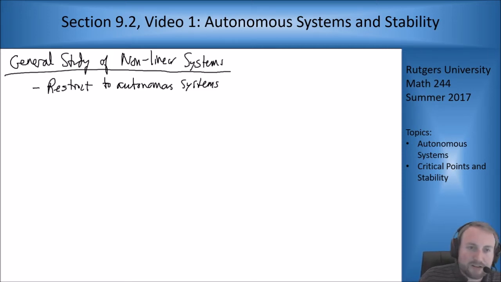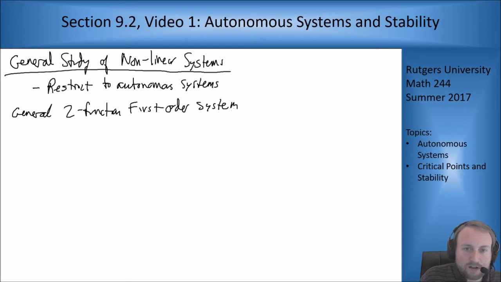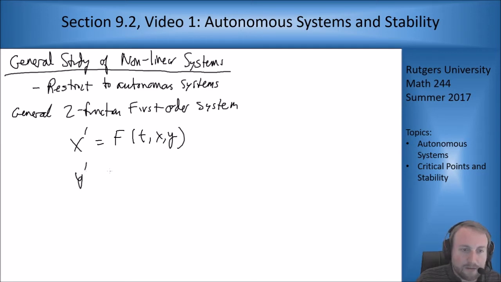So what do we mean by autonomous systems here? The general two-function, first-order system looks like x prime is some function f of t, x, and y, and y prime is some function g of t, x, and y. By autonomous, we just mean that the right-hand side doesn't depend on t explicitly.